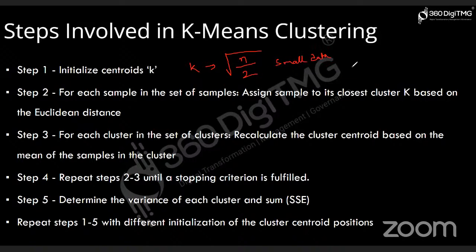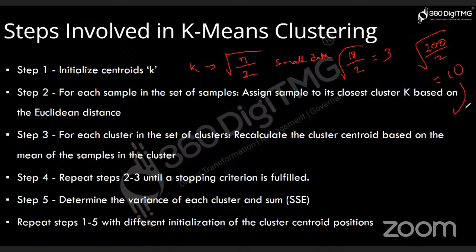Because suppose it is 18, 18 by 2 is 9, root is 3. So 3 clusters can be easily formed. Now suppose we are having 200 data points, 200 records. 200 by 2 is 100, root over is 10.